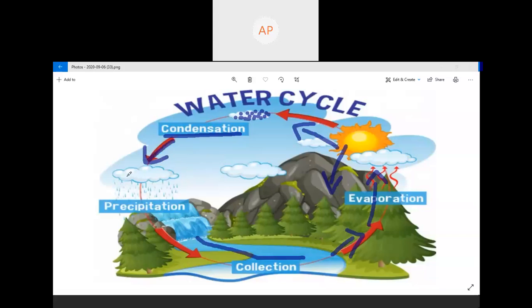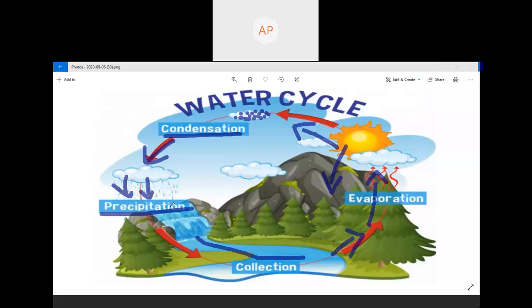So what happens? It pours down as rain or snow. So the water vapor is converted into water again. The clouds pour down as water, that is called precipitation.